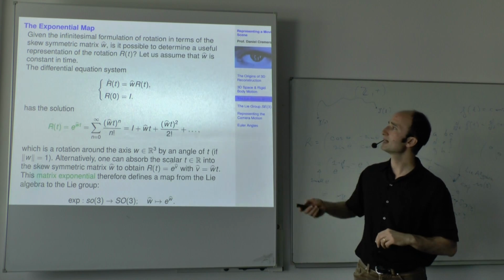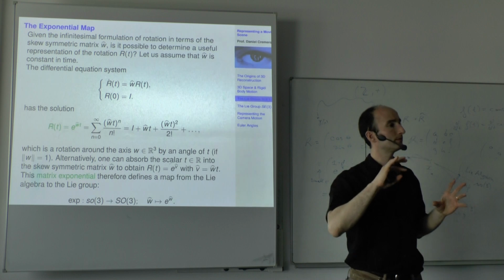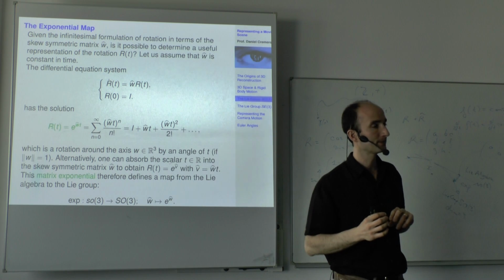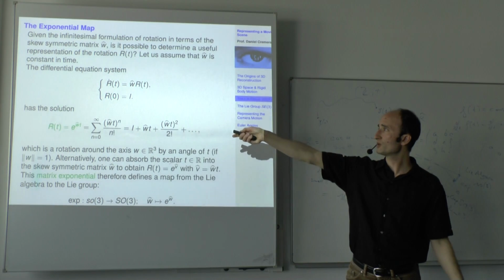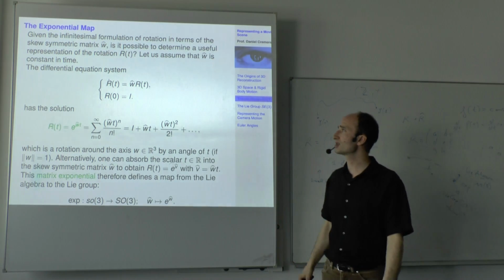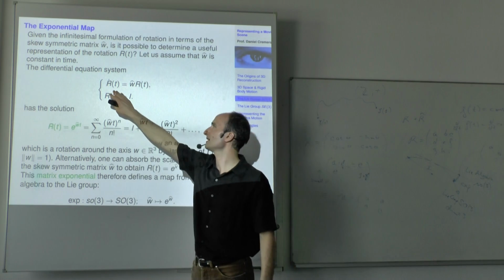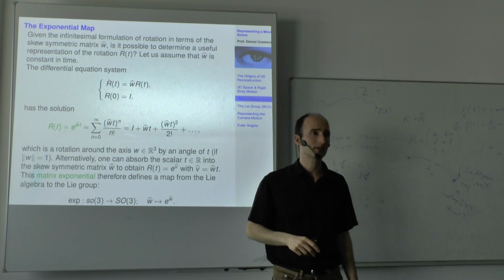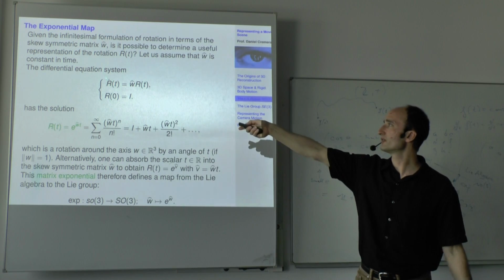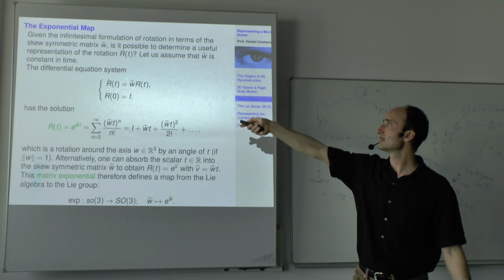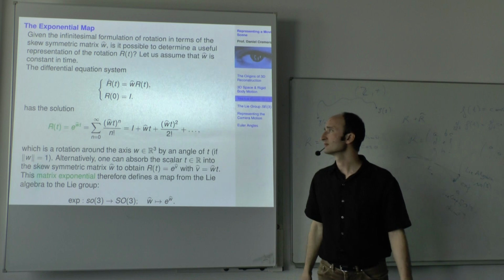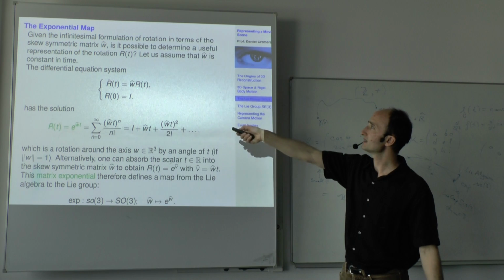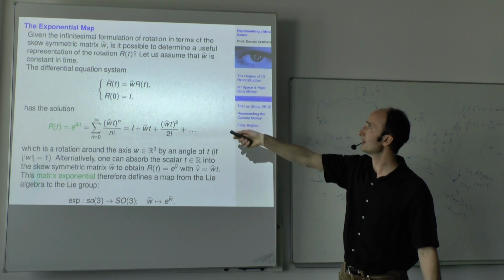We saw earlier that if we have a group of rotation matrices, and at time 0 we have the identity matrix, we saw that they can be represented by this differential equation. That is, the change of R at time t is given by W hat times R. So let's assume W hat is some skew-symmetric matrix.